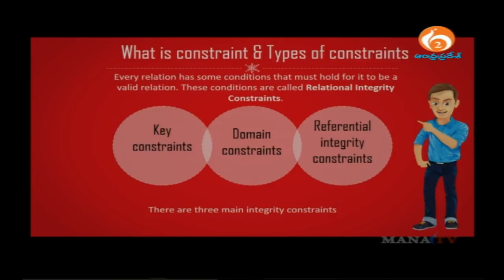Every relation has specific conditions that must hold for it to be a valid relation, and these are called referential integrity constraints. See, first I have key constraints. If there are multiple, I can go for domain constraints, and the domain constraints again lead to the referential integrity constraint. I will tell you what is actually the meaning of this.